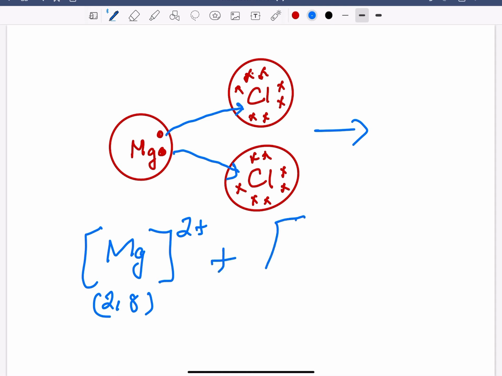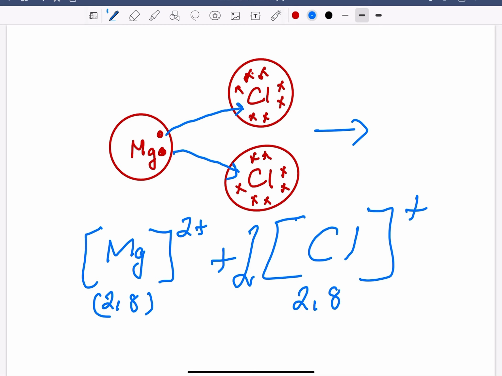Then another bracket, and we can show chlorine. How many chlorines are there? 2 chlorines, so we put a 2 over there, and a minus charge because each chlorine is taking 1 electron, and now its electronic configuration becomes 2, 8, 8.